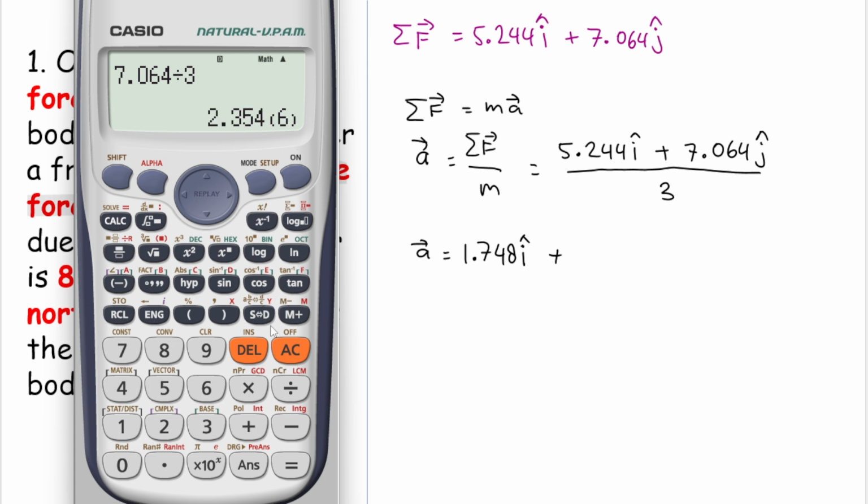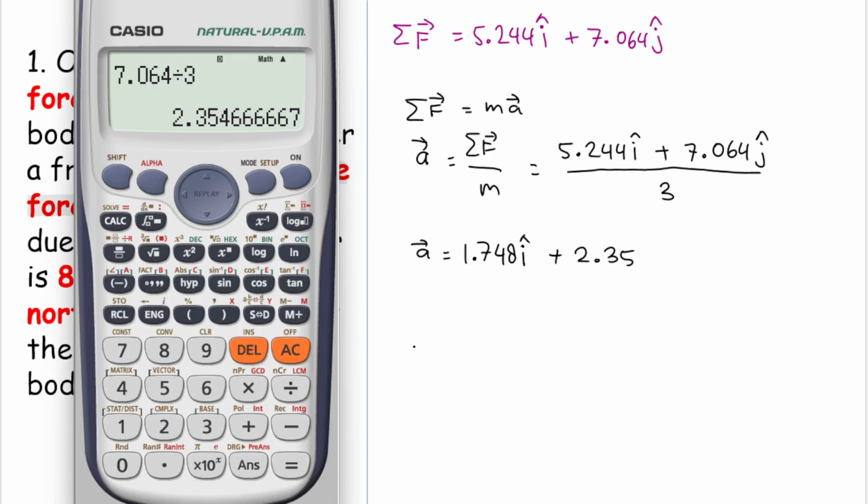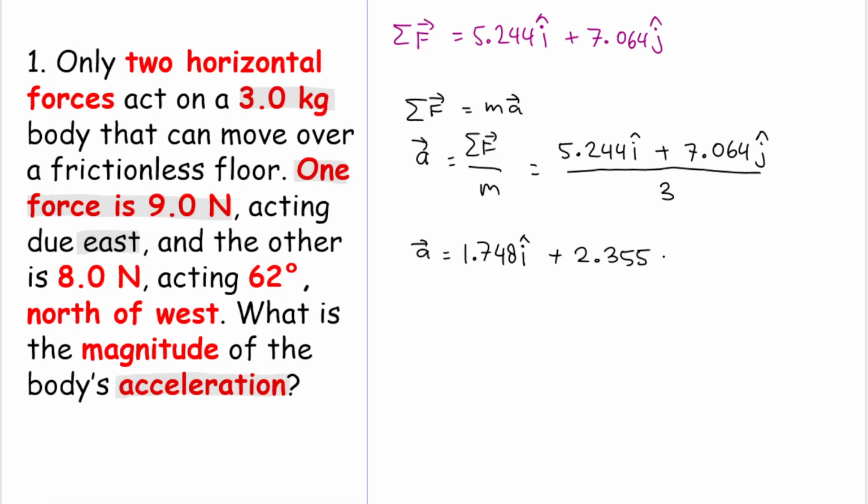Okay, good. So I will have 2.355 on the j direction. And the unit here will be meter per second squared.